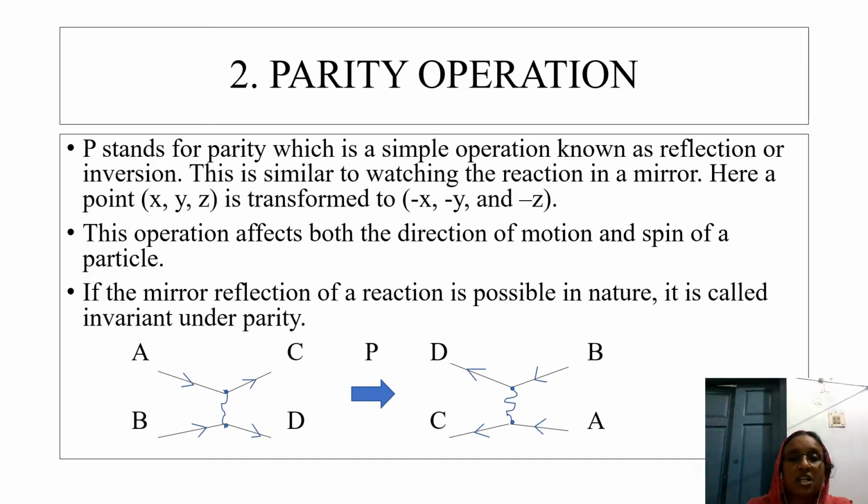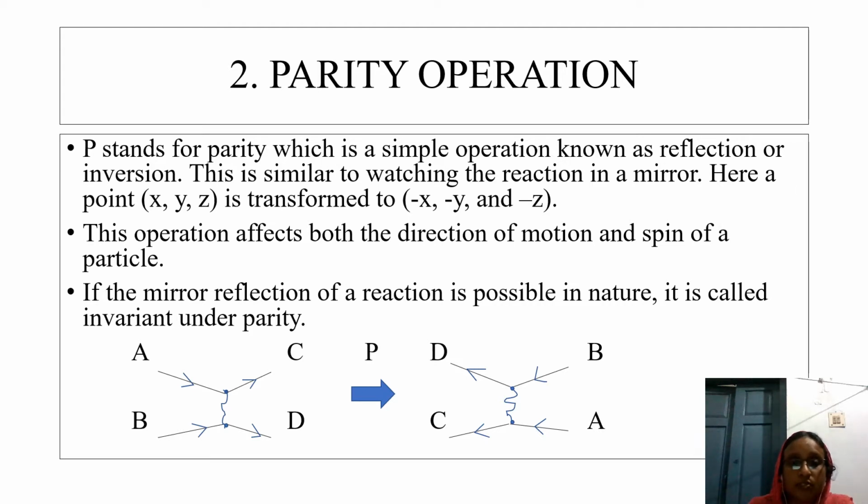Now, if the mirror reflection of a reaction is also possible in nature, we can say that the reaction is invariant under the parity operation. As in the earlier example, there are two particles A and B. They interact with each other and form new particles C and D. Now, under the parity operation, what happens?